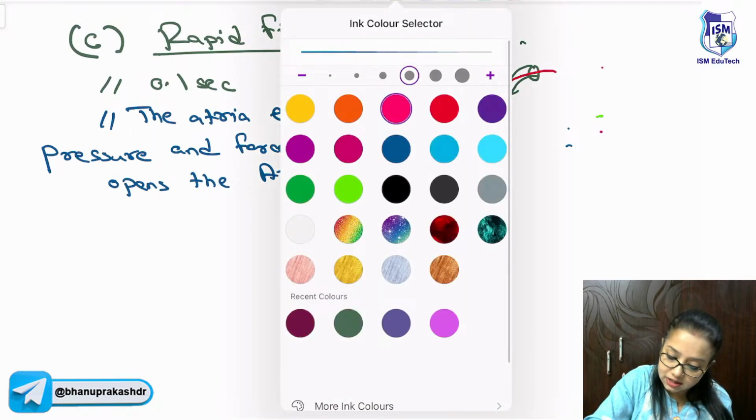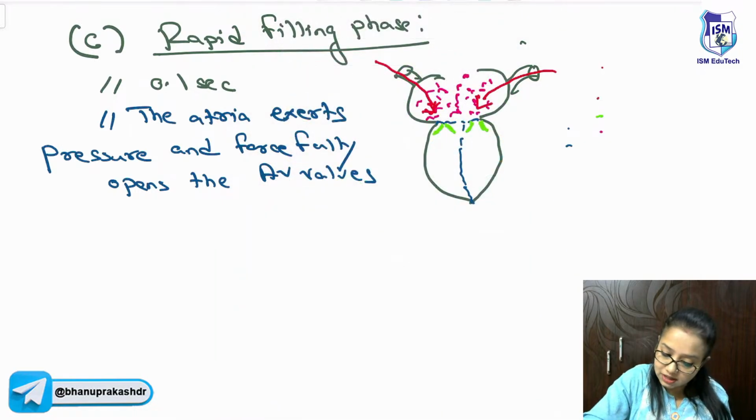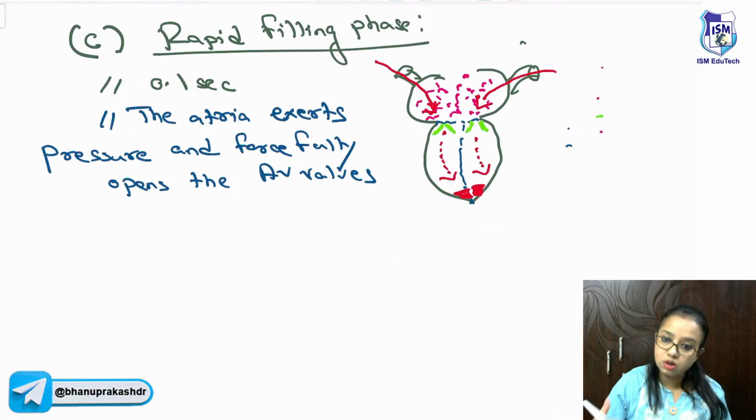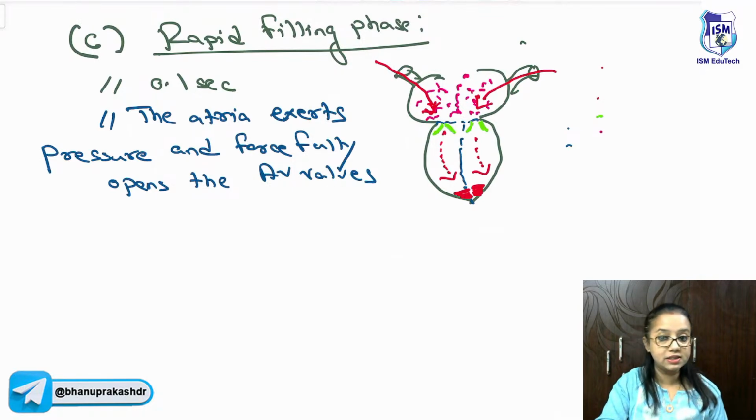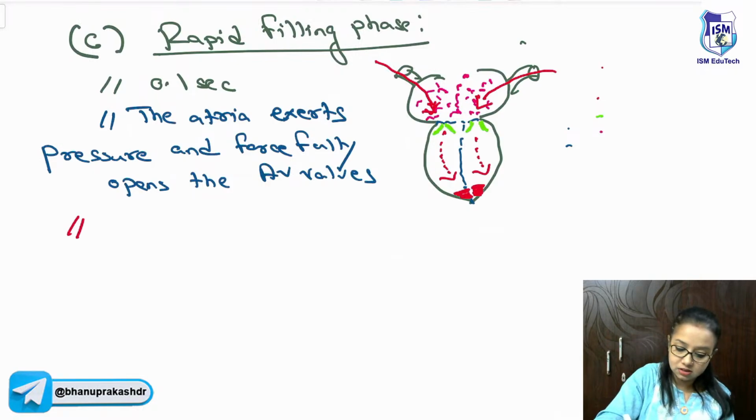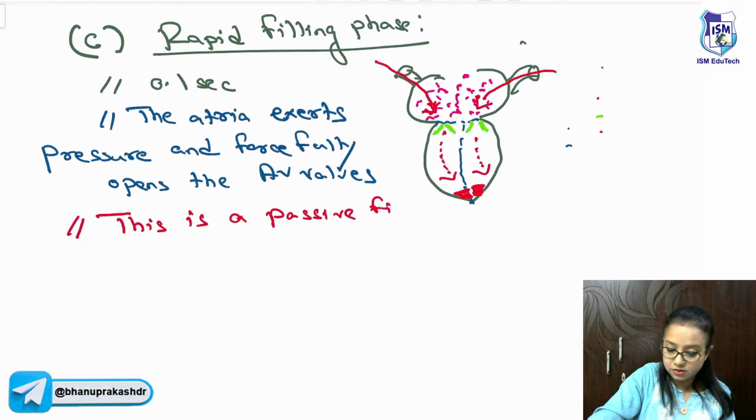Now, once the AV valves are forcefully opened, the blood from the atria comes and fills the ventricle. The ventricle had a little bit of blood when it was relaxing. Now more blood comes to the ventricle from the atria. Since this filling has happened due to the pressure gradient between the atria and the ventricle, this is a passive filling. This is the first point.